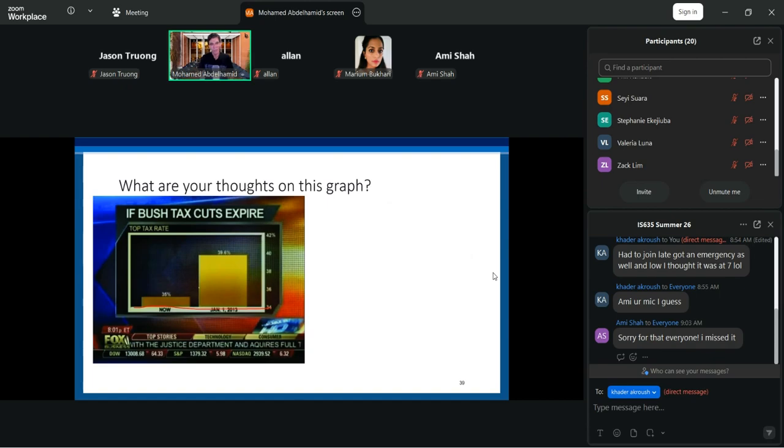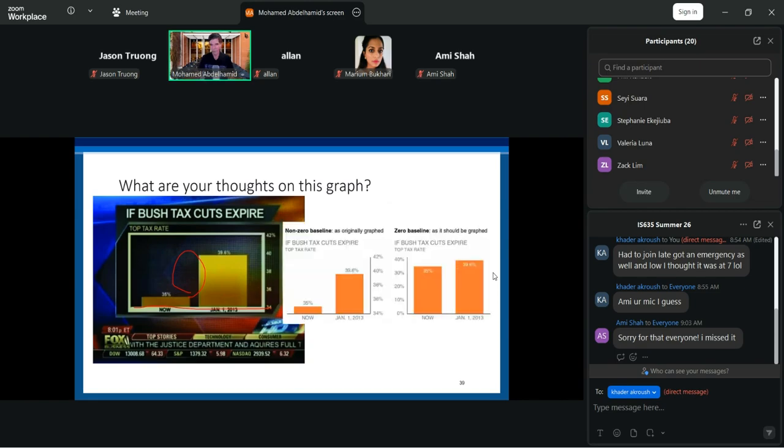Sometimes when you do this, you unintentionally could make the gap between two bars big or bigger than it actually is, which may communicate a different story. Because here, if you look at it, this is 39 versus 35. Actually, the difference is not that huge. But when you start with a different starting point, you may communicate something else, that the gap is wider.